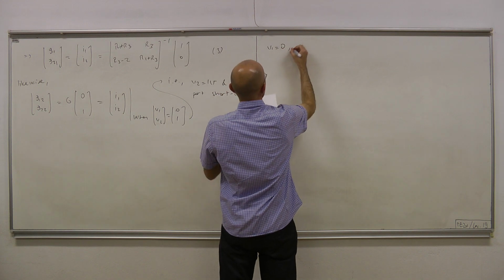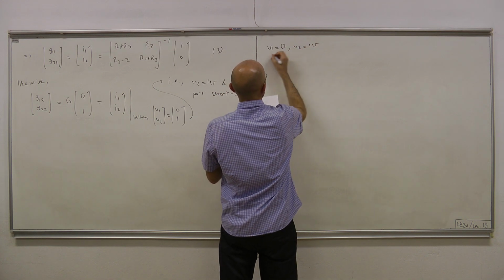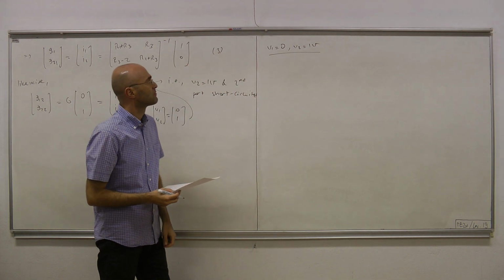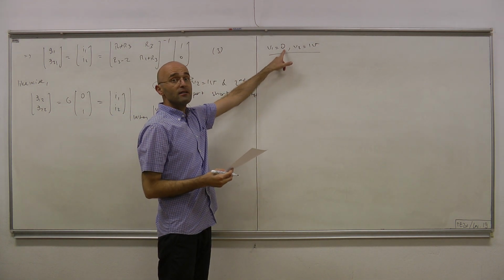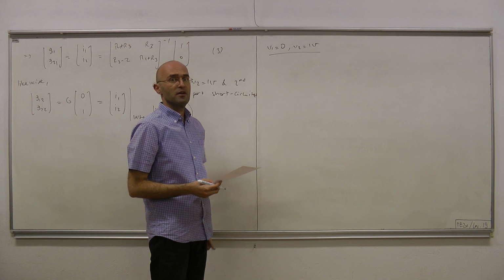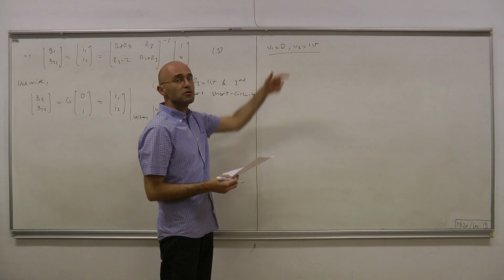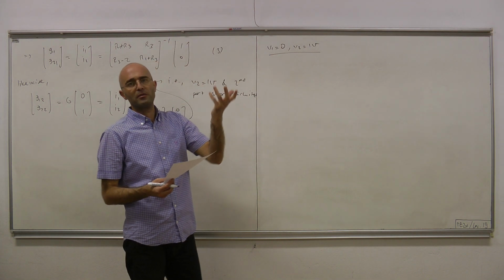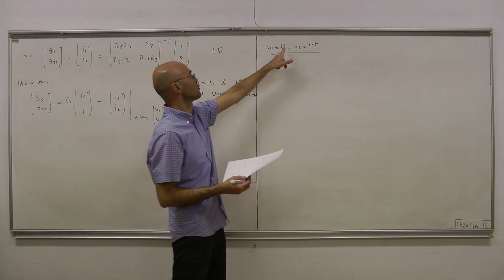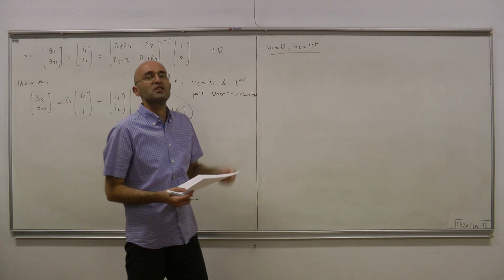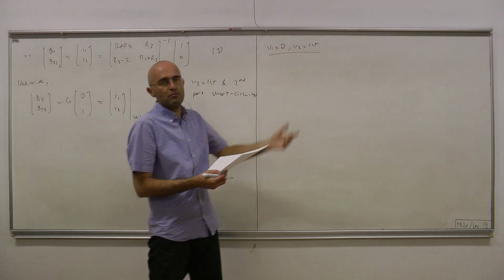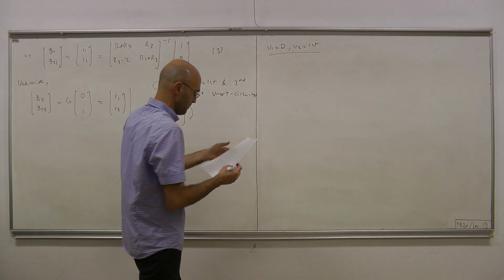V1 equals 0 and V2 equals 1 volt. Note that we don't have to write units whenever something is 0, because 0 volts, 0 millivolts, 0 kilovolts, they all mean the same thing. Therefore, it's okay not to write the unit here. It's not wrong to write the unit either; 0 volts is perfectly fine.